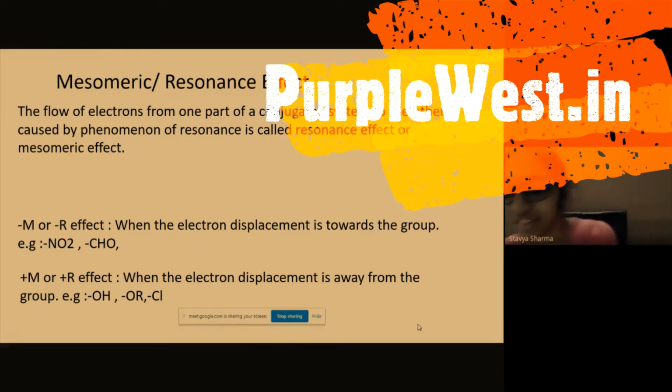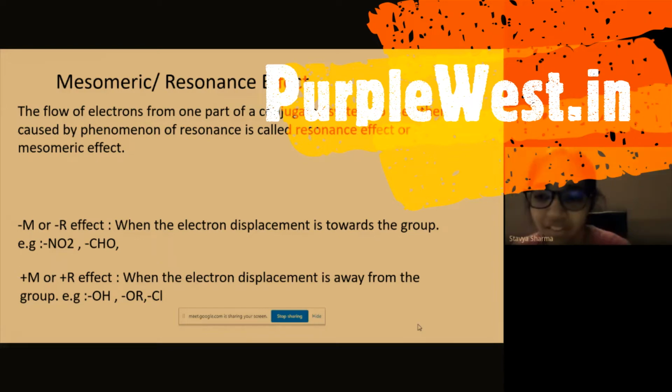Let me clarify. If a molecule has alternating single and double bonds, like you see in benzene, the first two carbons make a double bond, the next two make a single bond, these are called conjugated systems.